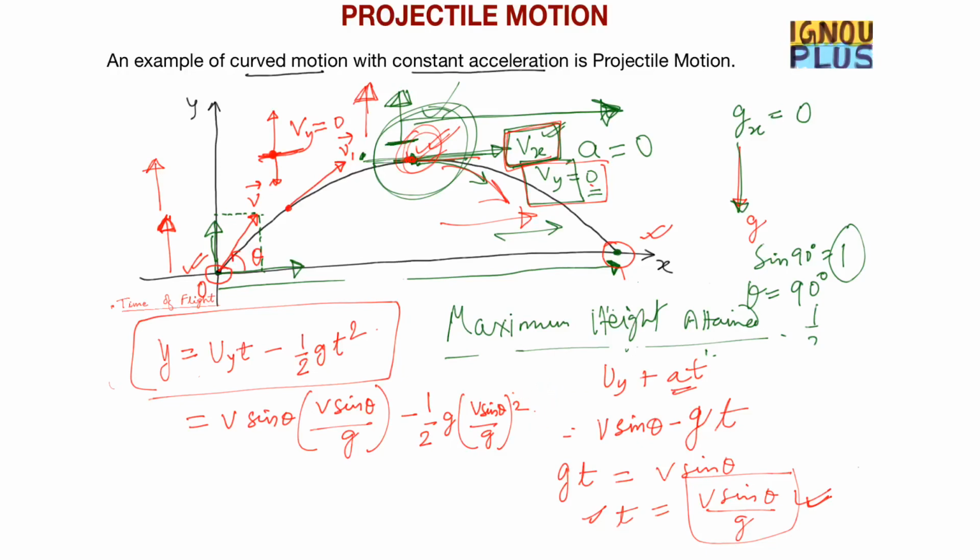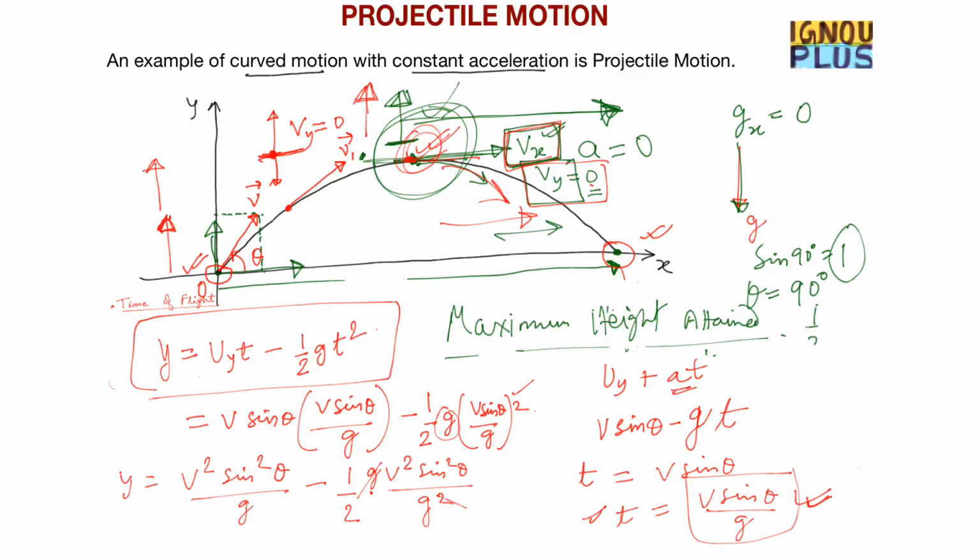Okay, let me erase a few things from here so that we can see it easily. So your y, the height, is V sin theta into V sin theta by g, which is V square sin square theta by g, minus half, and here you can see this will be V square sin square theta, because we are squaring the whole term, by g square, and we have here another g in the numerator, so we can cancel this.